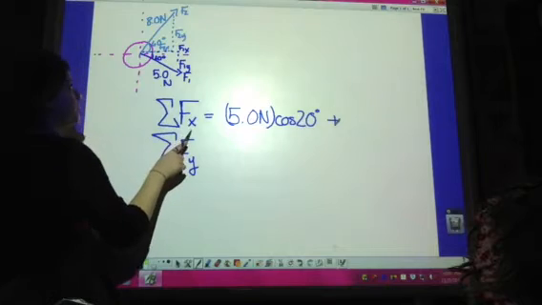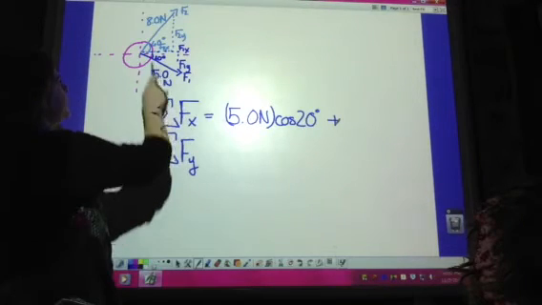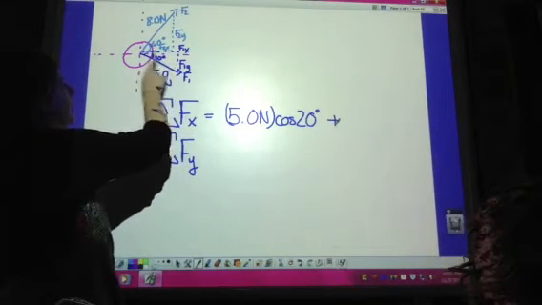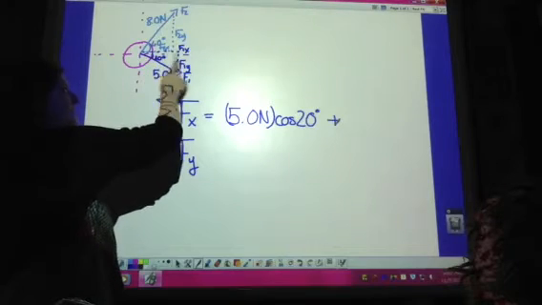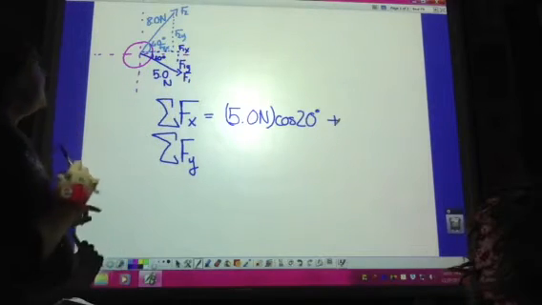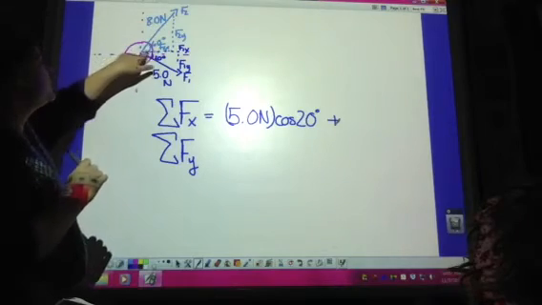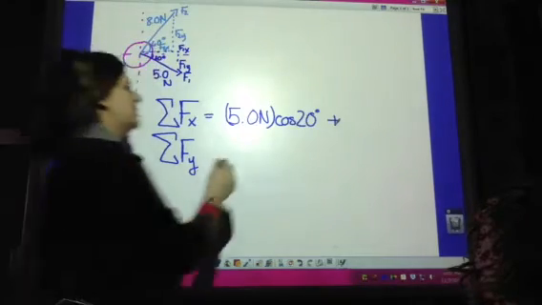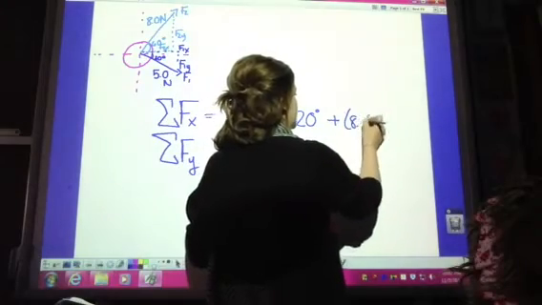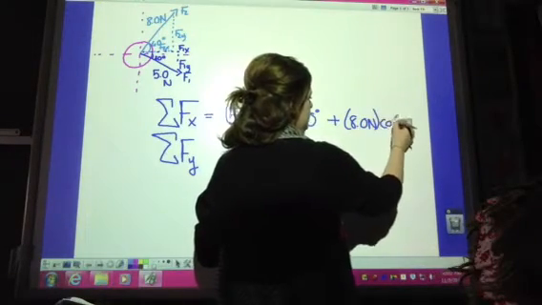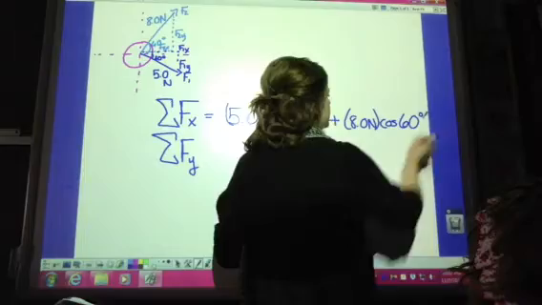And if I'm thinking about the sum of these forces in the x direction, I want to add that to my second force that's acting in the x direction. So that one would be the hypotenuse, 8 newtons times cosine of 60 degrees.